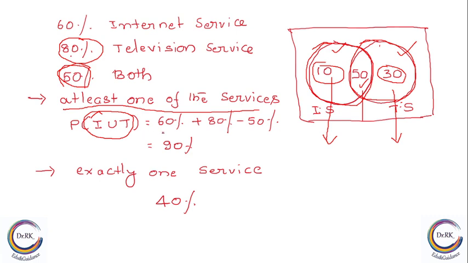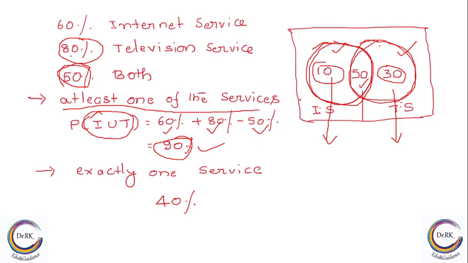The formula is P of A plus P of B minus P of A intersection B. We know P of A is 60%, P of B is 80%, intersection is 50%. Therefore, we get 90%.